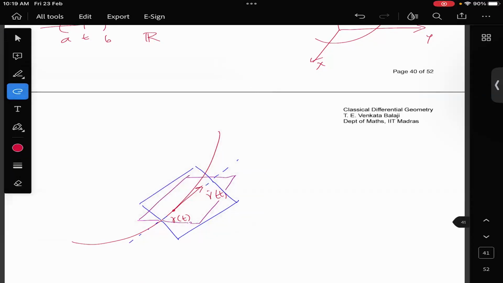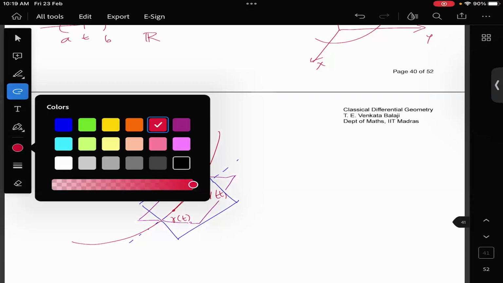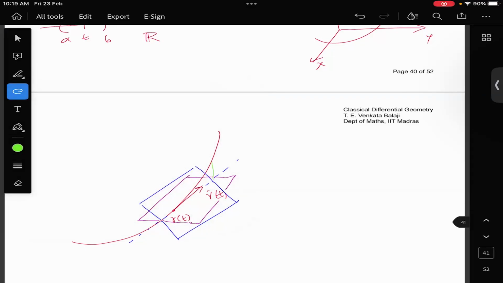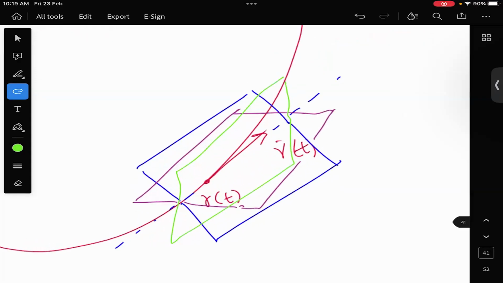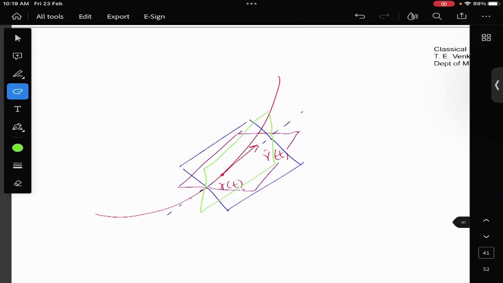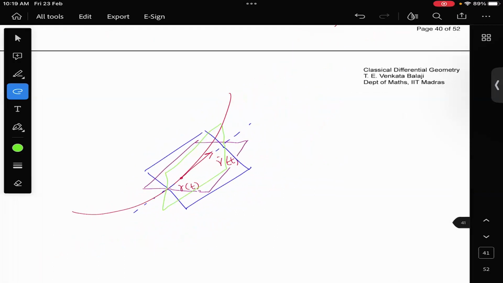I can have one more, let us say like this, and I can have one more. There can be many. I can even have a plane like this in green if you want. So I can have many planes containing that line which contains the tangent direction.